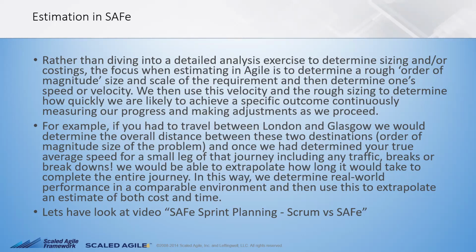So for example, if you had a travel between London and Glasgow, we would determine the overall distance between these two destinations, the order of magnitude or kind of size. So believe you were traveling from New York to Boston. I'm just applying that example in a North American context. Once we have determined your true average speed for a small leg of that journey, whenever you're starting from, let's say, New York, being a crowded city, you start with a small leg of smaller magnitude, might be 40 miles an hour.